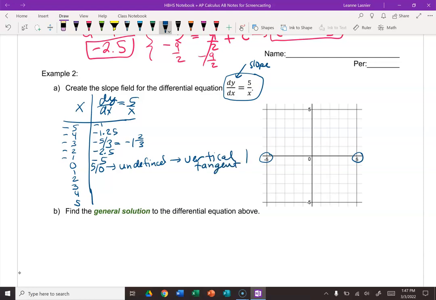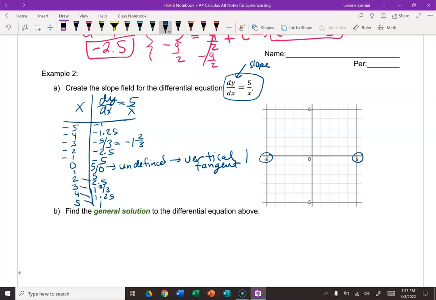So when we draw that tangent line, we would just draw a vertical tangent, and that's the type of tangent line that doesn't have a slope because its slope is undefined. And then this would be 5, and then 2.5, and then 1 2/3, and then 1.25, and then 1.